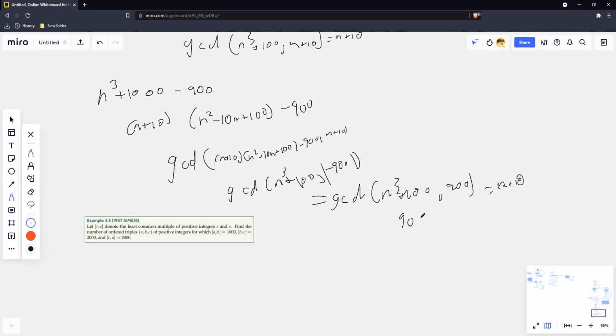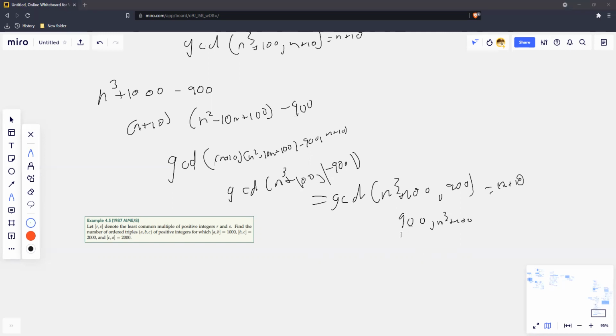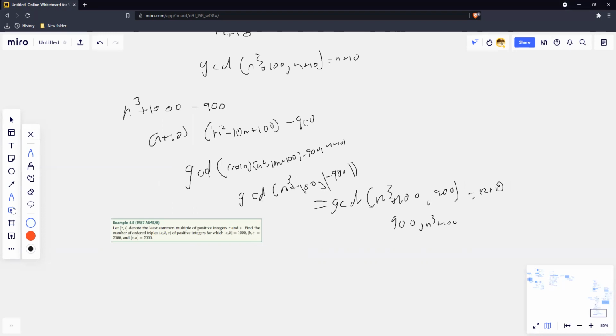Let's see if we can. This is still a little bit confusing, right? I don't think it's possible to find a large value of n here. So basically, let's go back here. I think there's an easier way.